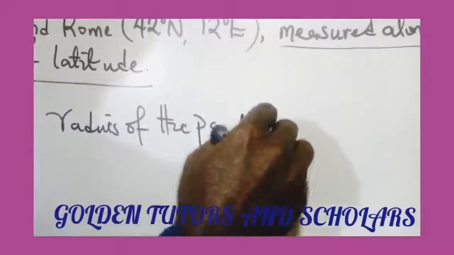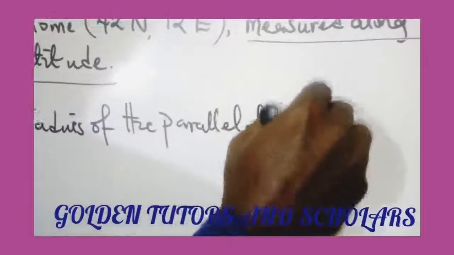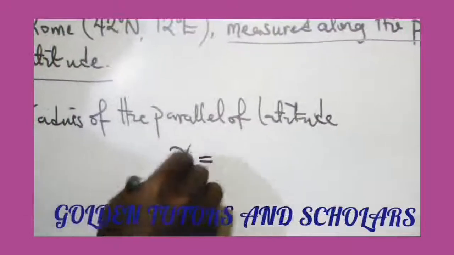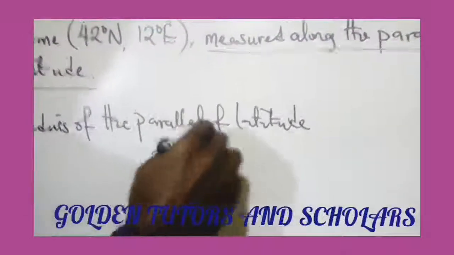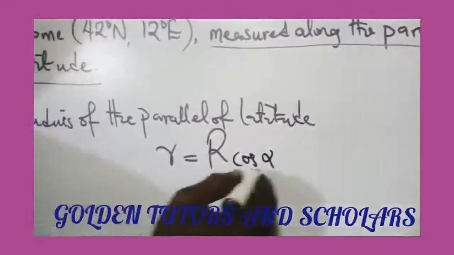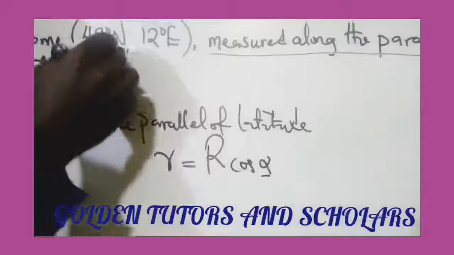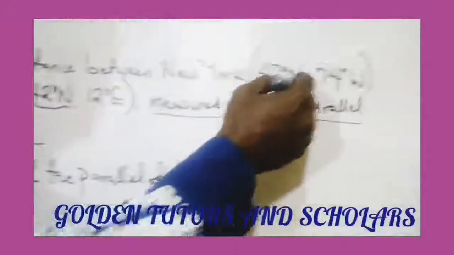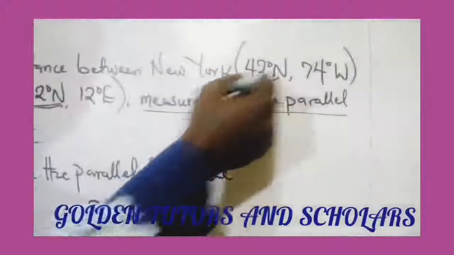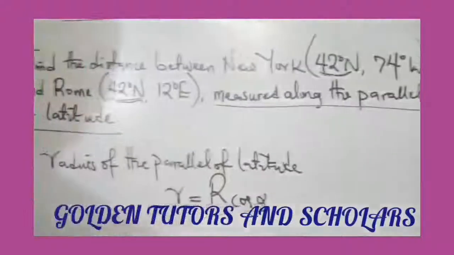This radius, small r, is given as R cos alpha, where R is the radius of the earth and alpha is the angle related to the latitude in this coordinate between New York and Rome.